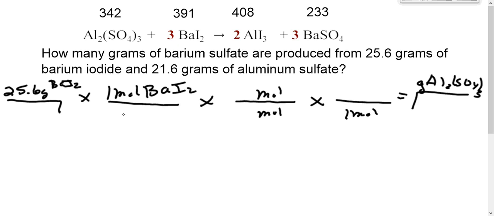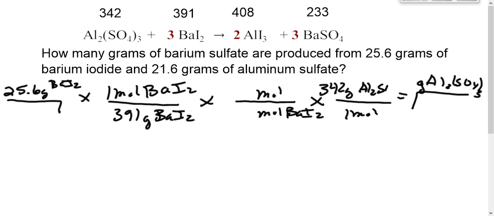Barium iodide is 391, so I'll put that there. Let me go ahead and put my BaI2 here also. On this side we're all about aluminum sulfate, so that's 342, and we put that over here too.